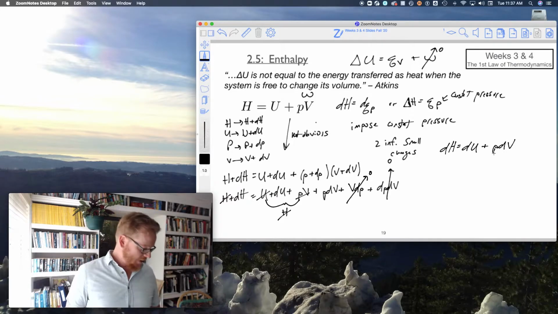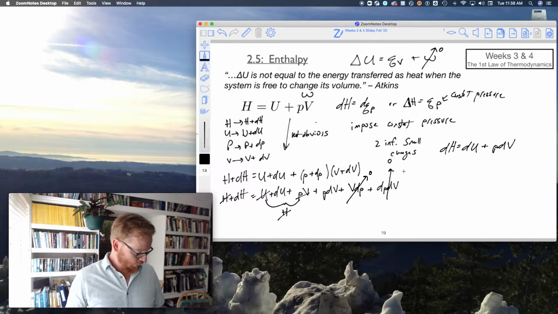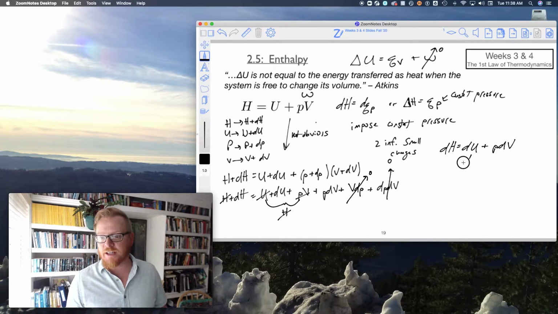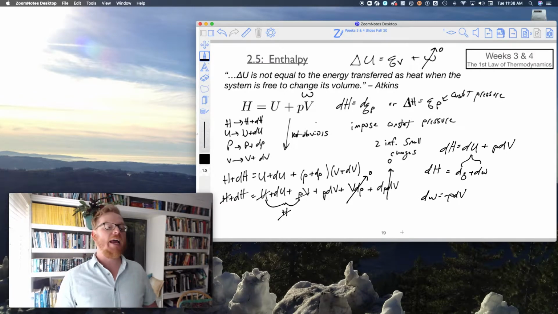PdV. Okay, great. And so now from here, I always have to remember the first law and any other relationships that I know. So for example, I know that dU is equal to dq plus dw. But I also know that work equals negative PdV. Okay, so substituting that in, dw equals negative PdV, right?